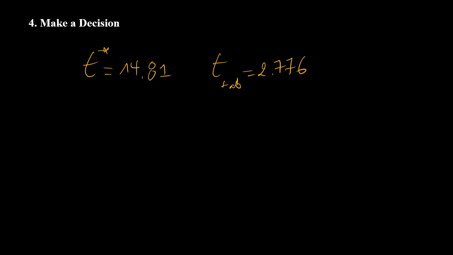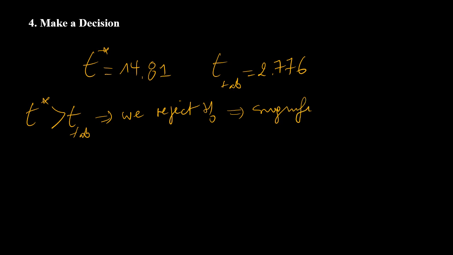If t is greater than the critical value, we reject H0. It implies that there is a significant linear relationship between the two variables.